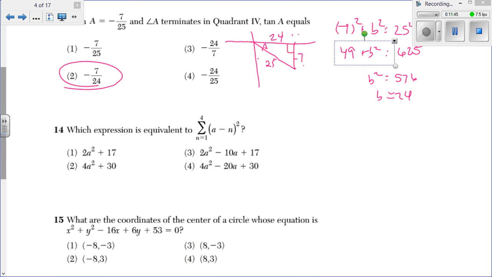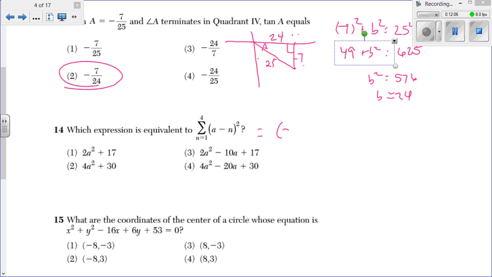Number 14, they did what I was showing you in class here. They have two different variables, so you can't just substitute this into the calculator. So we have to substitute in for n, 1 through 4.